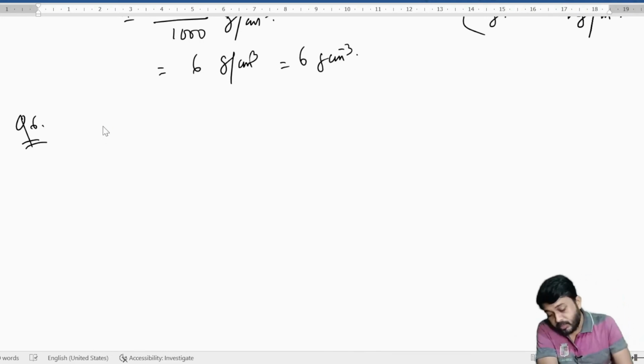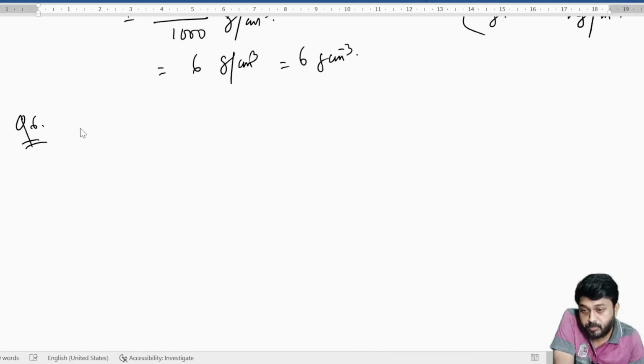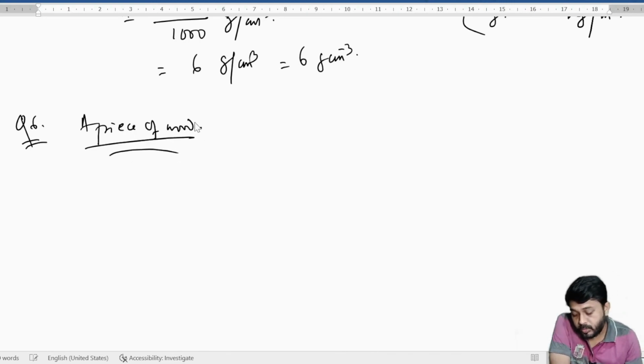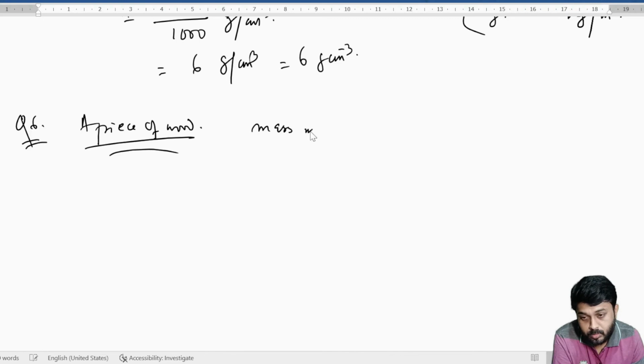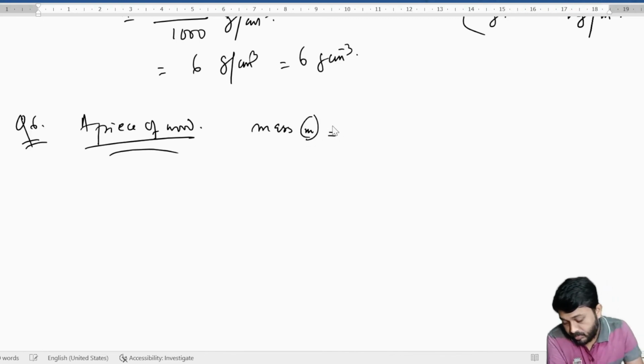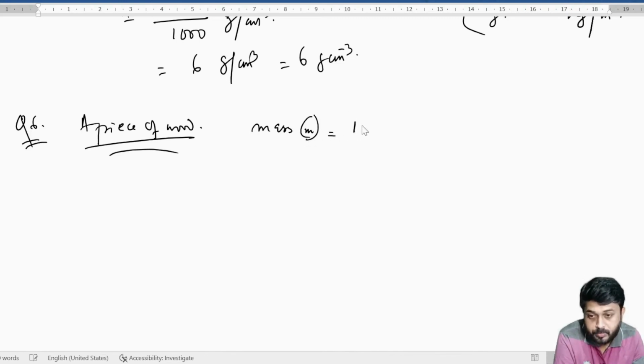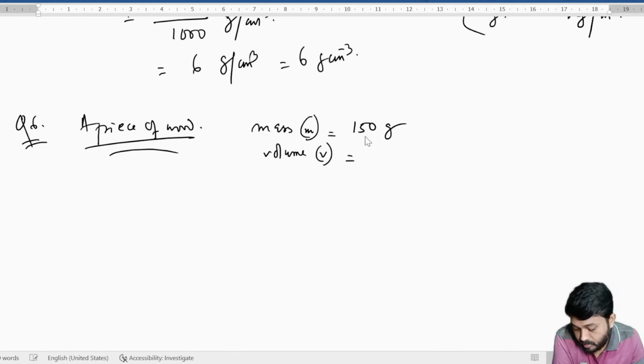Piece of wood has mass 150 gram. I'm not copying the complete sum. Piece of wood is given here, mass is given, mass M is equal to 150 gram, and has a volume V also given, 200 centimeter cube.